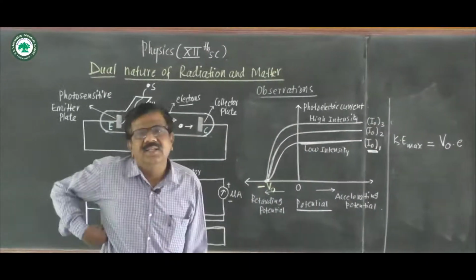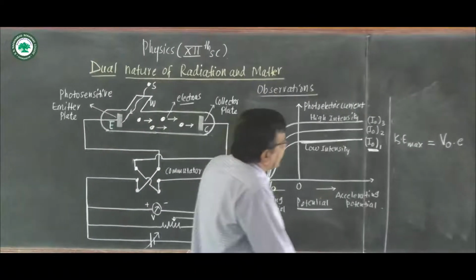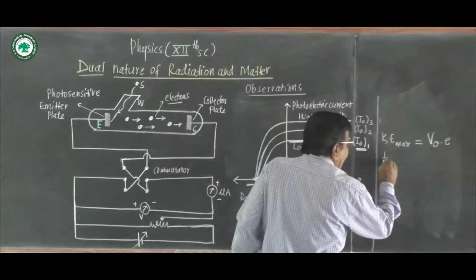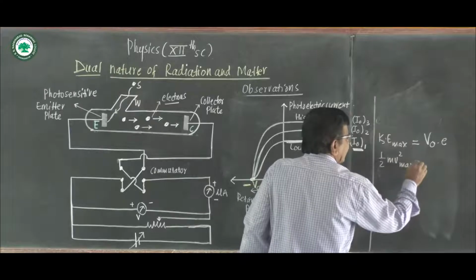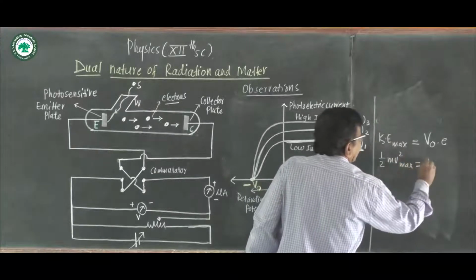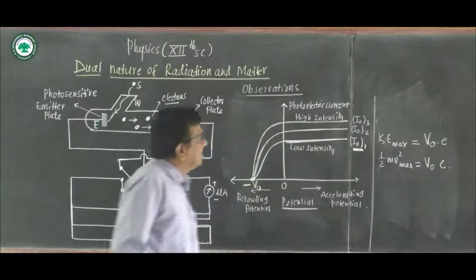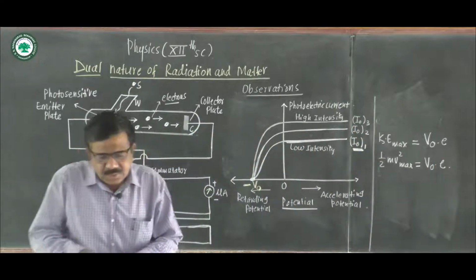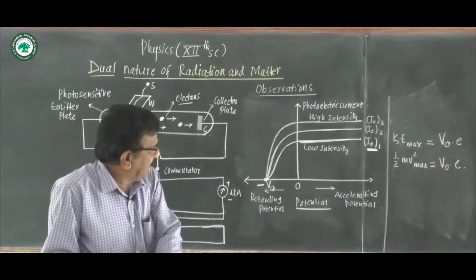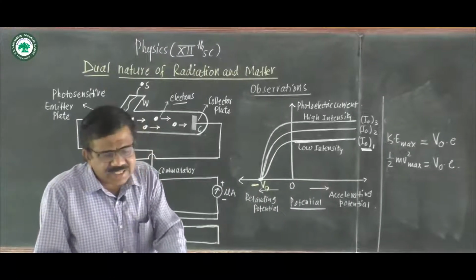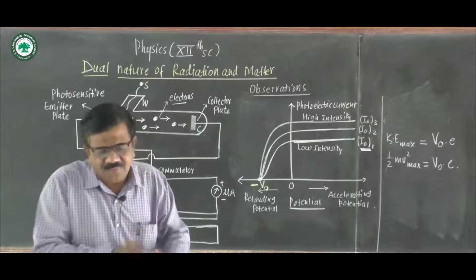Ke max is equal to V0 times e at stopping potential, or we write it as 1/2 m v max squared, where v max is the maximum velocity of the electrons. This is because at this potential the most energetic electrons are stopped.